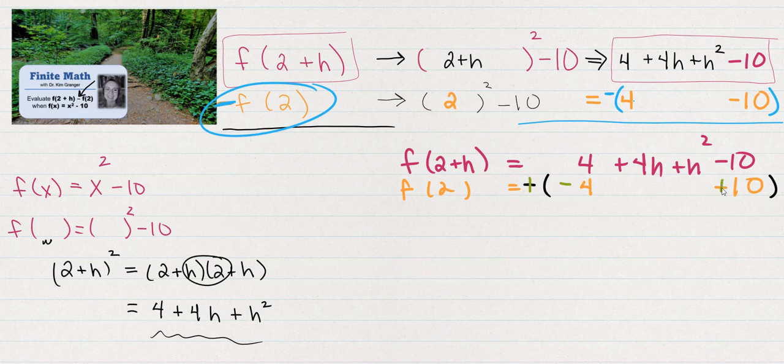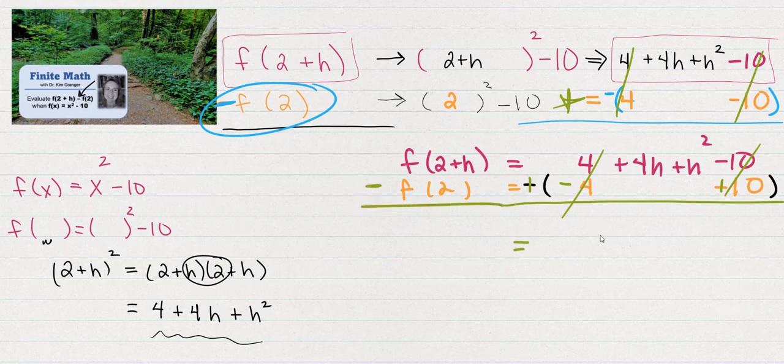So I distribute the negative in there. And now it's just a simple addition, right? For some students, that's a little easier. So if you can do it this way, the top, and recognize that that subtraction is distributing, that's okay. Or if you're not there yet, then write it out and actually change that subtraction to addition. One way or the other, you should see that the 4's cancel and the negative 10's cancel. So what we're left with when we subtract these is 4h plus h squared.